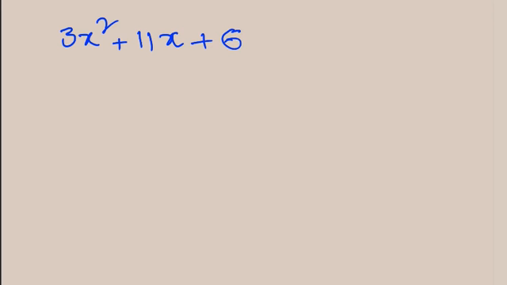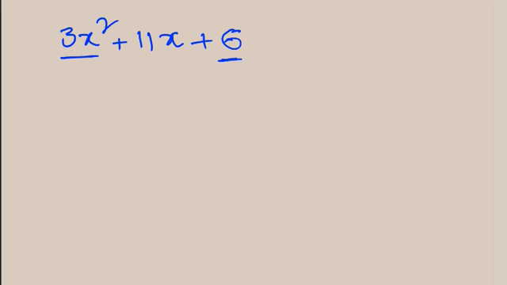And here see another problem. Again a quadratic polynomial, how to factorize this quadratic polynomial? I told you we have to select the last term, but before that we have to check whether the coefficient of x square is other than 1. So here the x square term has 3, other than 1.